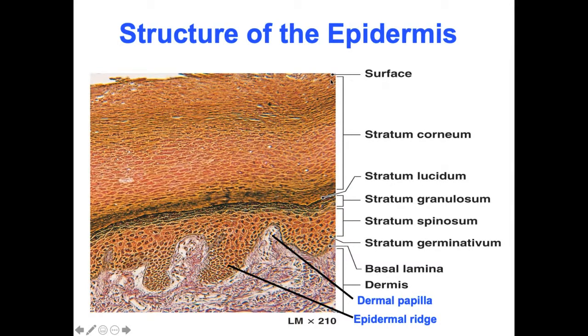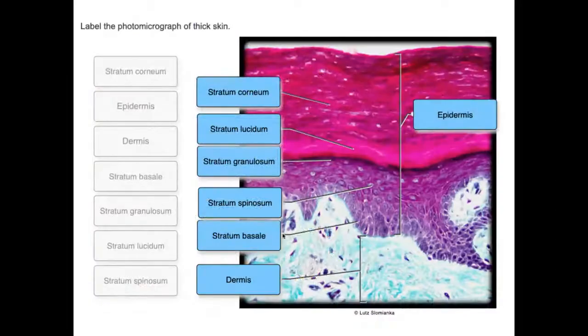They keep pushing up until it hits the surface. To go from here, the bottom layer, to the top layer takes about 4 weeks. Then you have these dermal papilla right here. These dermal papilla are involved in giving you your fingerprint.